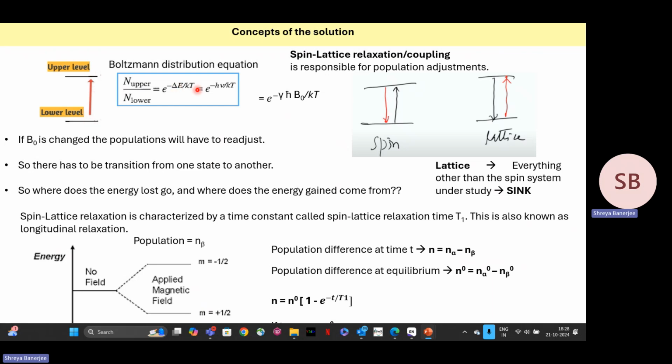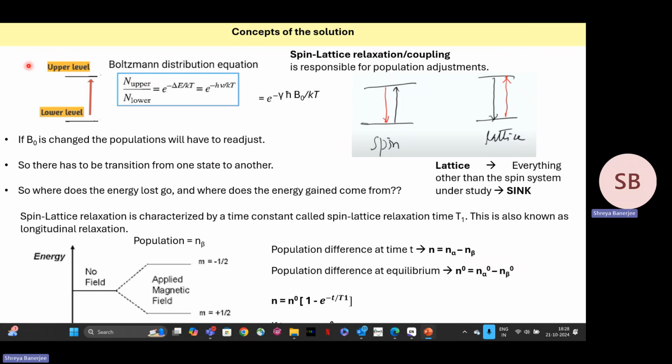And we know delta E we can write as h nu. And for NMR, we can write the energy difference between the two levels as minus gamma h bar B0. So for NMR, N upper by N lower becomes e to the power minus gamma h bar B0 by kT. So this is the population difference at equilibrium.